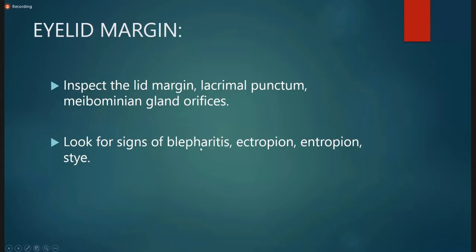So in posterior blepharitis, you can see an oily layer at the meibomian gland orifice. In the anterior blepharitis, when you inspect the lid margin, there is whitish deposition of dandruff-like deposits or yellowish crusty deposits due to infection.